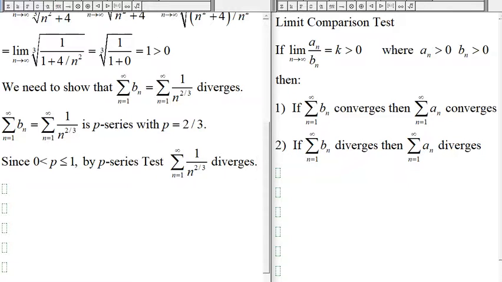So recall the P-series test: if P is greater than 1, the series converges. If P is between 0 and 1, including 1, the series diverges.